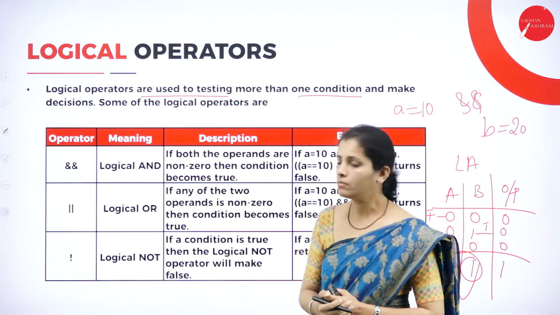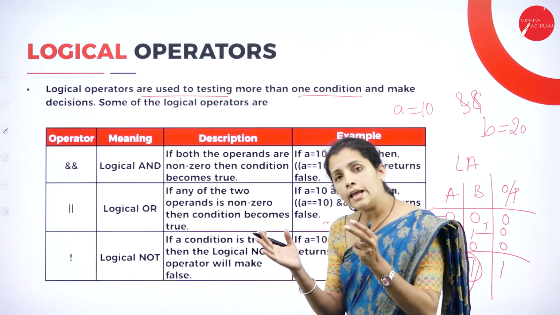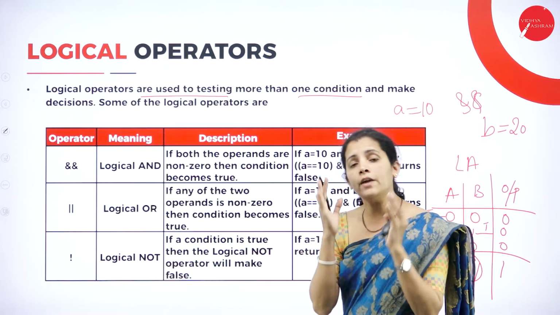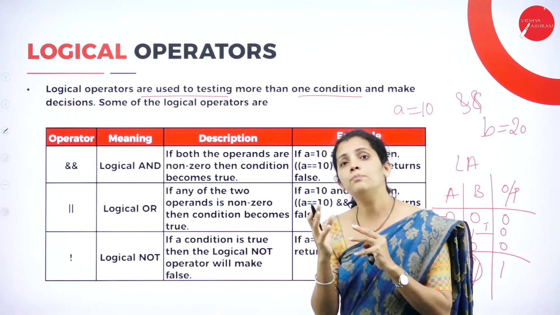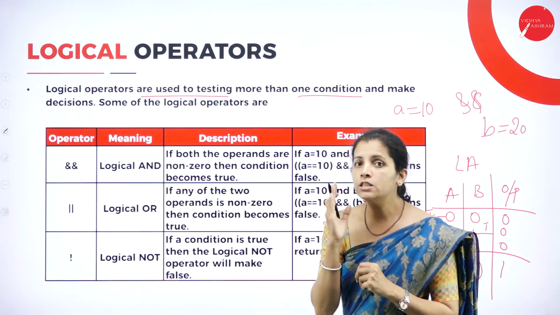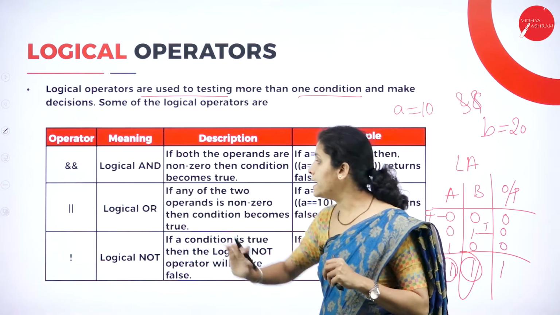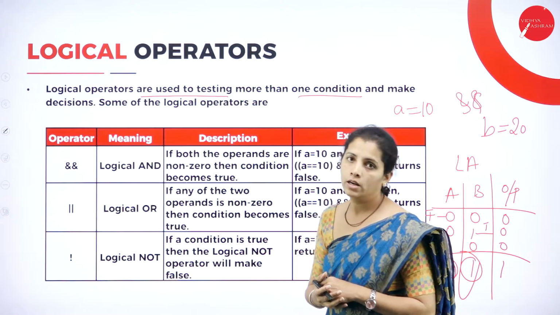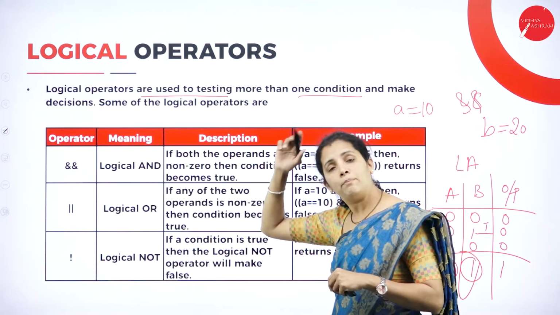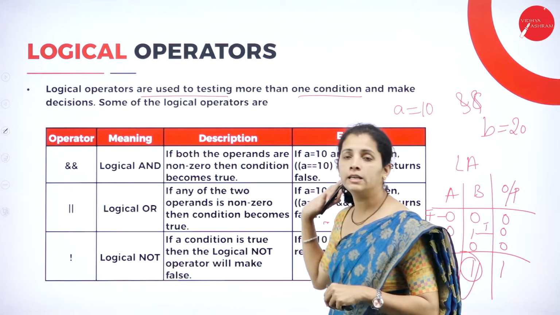And if I consider logical OR, I can get the true result if any one of the inputs is true. If any one of the inputs is true, I'm going to get a true output in my logical OR gate. But if I consider logical AND, both the inputs must be true, then only my output is true.